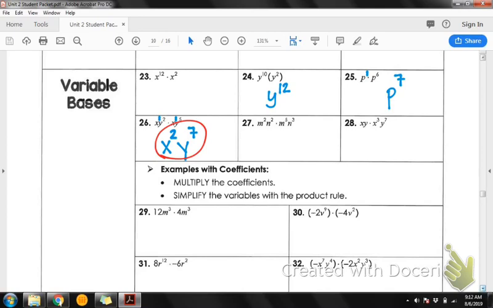Do you guys want to try 27? Okay, try 27. Let's see if we come up with the same answer. I'll let you answer. Just a second.